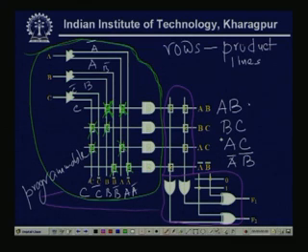So, it has 4 inputs. The inputs are P1, AB is P1, P2, P3 and P4.